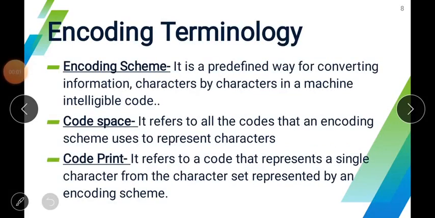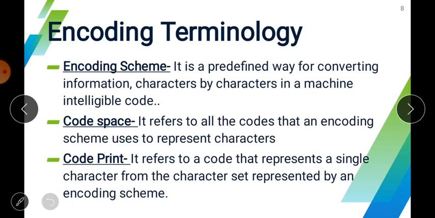Now some encoding terms are important in order to understand encoding schemes. The first one is encoding scheme. You can say an encoding scheme is a set of rules or a predefined way through which you can convert information character by character into machine understandable language.